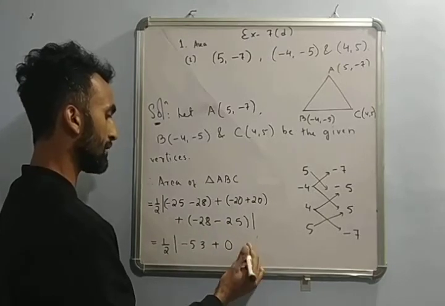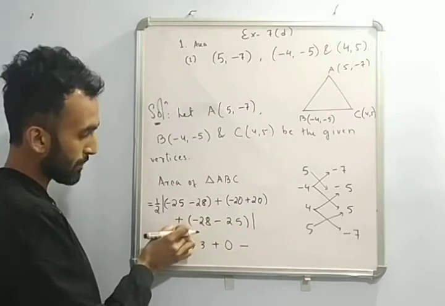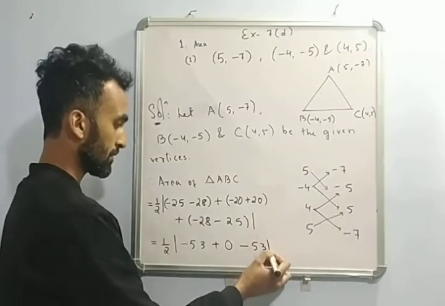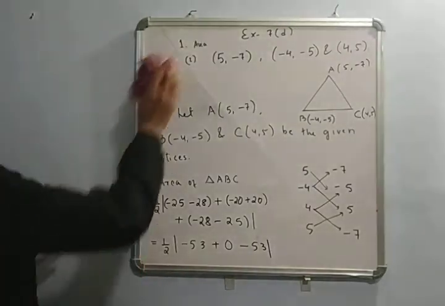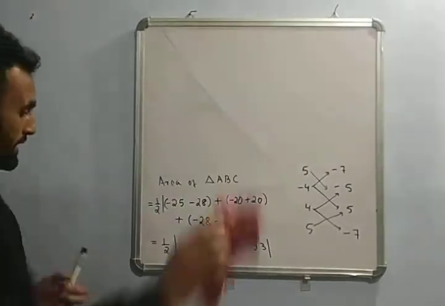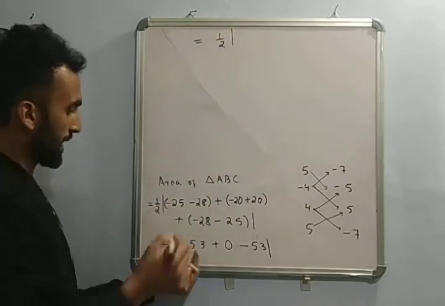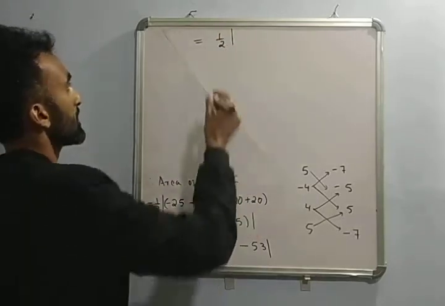So I can write directly minus 53. Plus into minus is minus, and 53 here. Very simple. And equals to half, minus 53 minus 53. You have to add. It becomes minus 106.